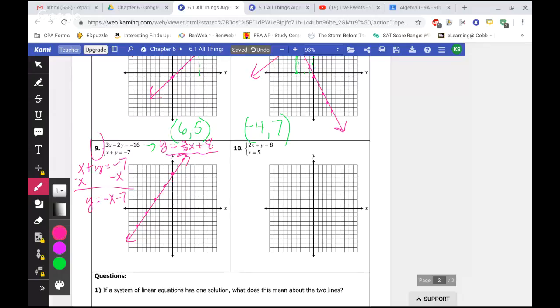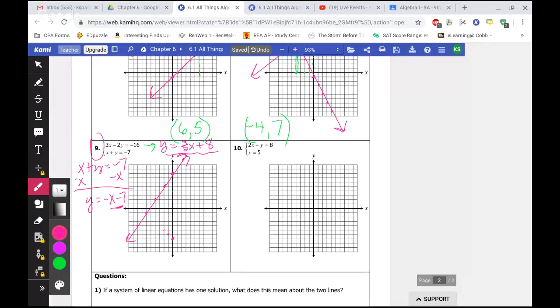And on this second one, my y-intercept is negative 7. So 1, 2, 3, 4, 5, 6, 7. And my slope is negative 1. So that means I'm going to travel in one direction positive and one direction negative. So if I go up, I have to go left.